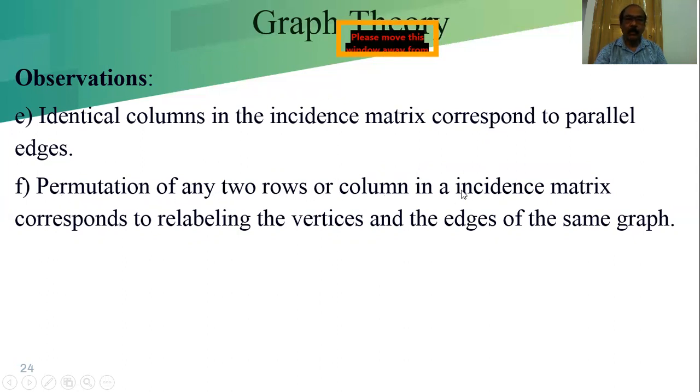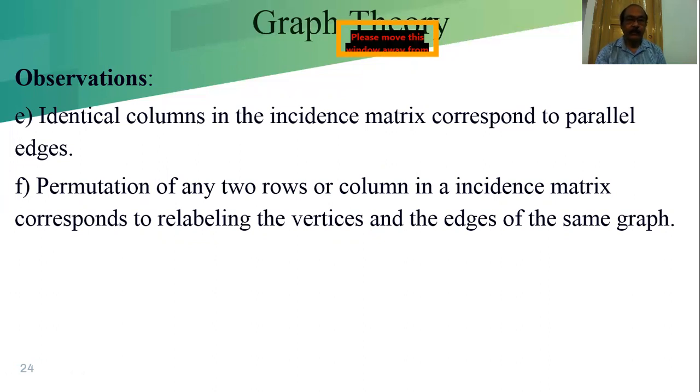Permutation of any two rows or columns in the incidence matrix corresponds to rearranging, or relabeling. If we get two incidence matrices that become the same by interchanging rows or columns, then we can say the corresponding graphs are equal, or isomorphic.